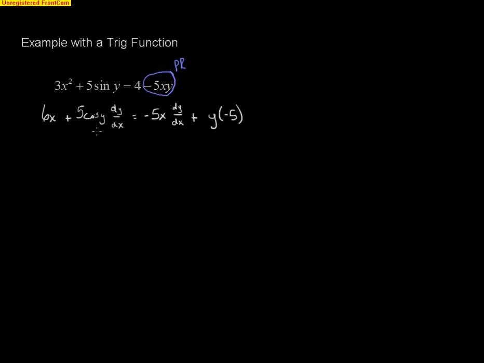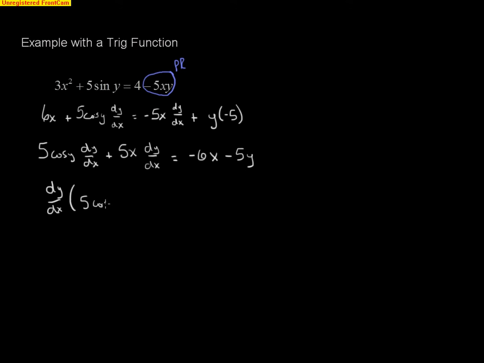Okay, so all the dy/dx is on one side, everything else on the other. So I got to move this over and the 6x over. So I'm going to have 5 cosine y dy/dx plus 5x dy/dx equals negative 6x minus 5y. Factor out a dy/dx.